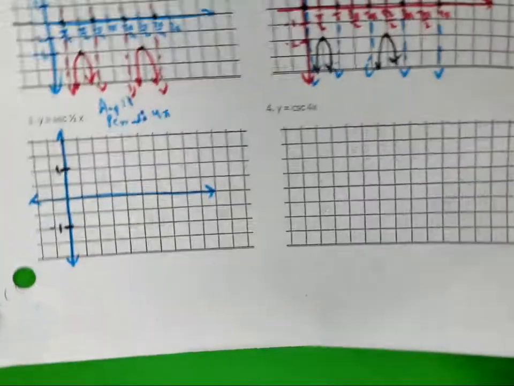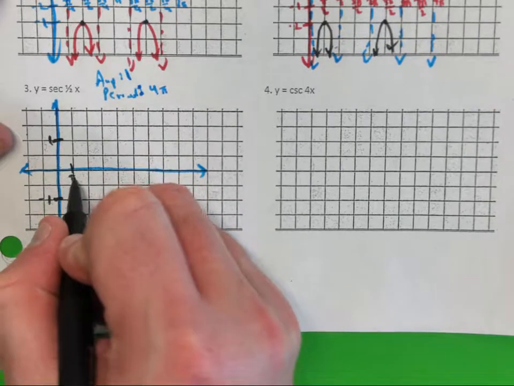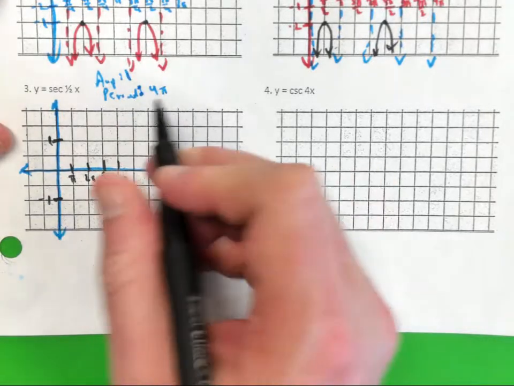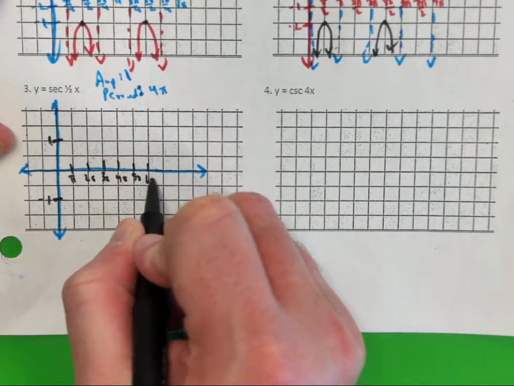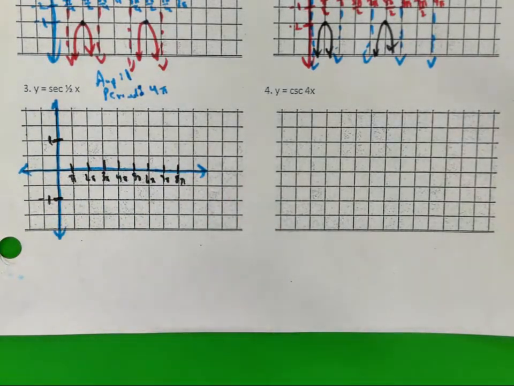I take 4 pi and I divide it by 4. That means I'm going to start with pi and increase by 1 pi. So I got pi, 2 pi, 3 pi, 4 pi, 5 pi, 6 pi, 7 pi, 8 pi. Secant is related to cosine. So if I was graphing cosine, would I start at the origin or my amp? Amp.